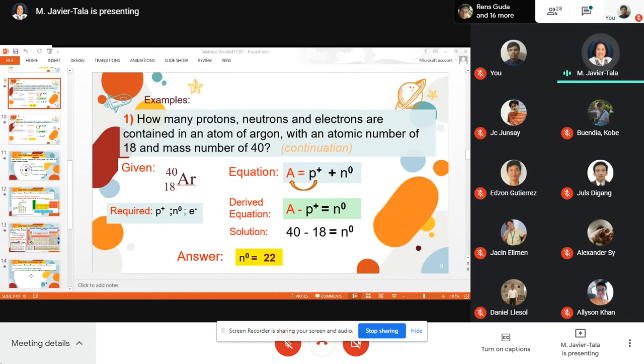So mass number equals protons plus neutrons. Transposing the number of protons, the number of neutrons equals the mass number minus the number of protons. Then you just subtract and we get the number of neutrons, which is 22.